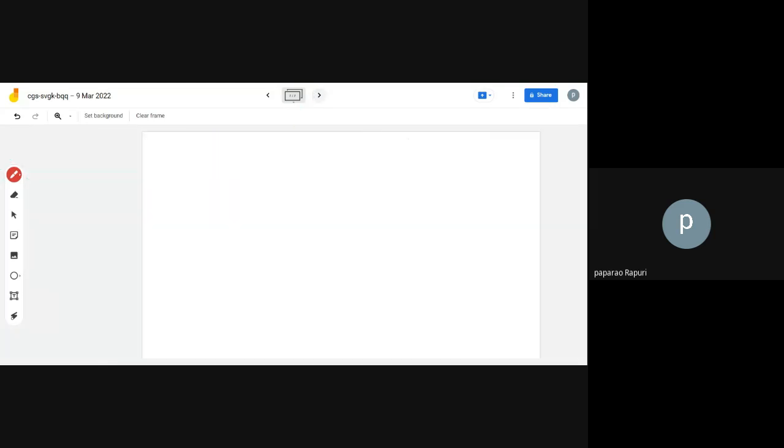For this, I am taking the shift reduce parser. So initially, as in the previous class, we have the stack, the input buffer, and the parser action we are performing.